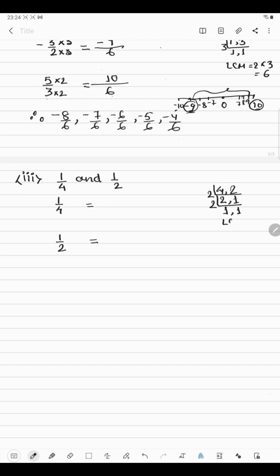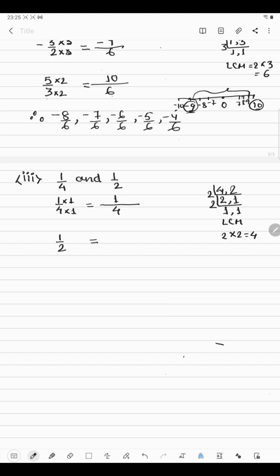So the LCM of 2 and 4 will be 4. Now we will have to make 4 here. Now what should be multiplied with 4 to get 4? Obviously it will be multiplied by 1 to get the same number, and the same number will be multiplied with this.